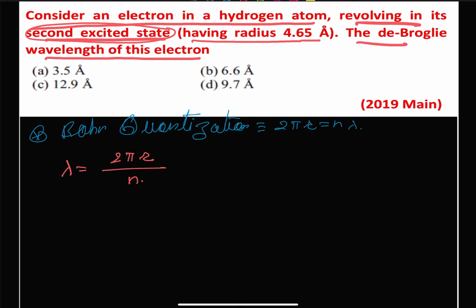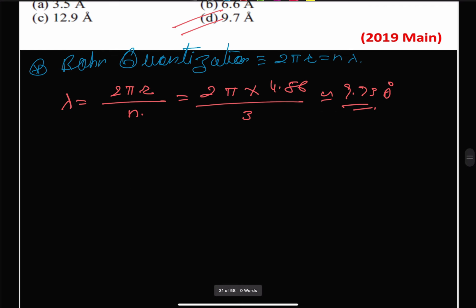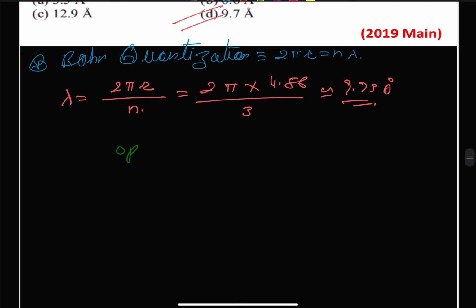R and n are given to us, and we can say this is equal to about 2 pi, r is about 4.65, and n is our 3. So this lambda comes approximately equal to 9.73 angstrom. So option D is correct.